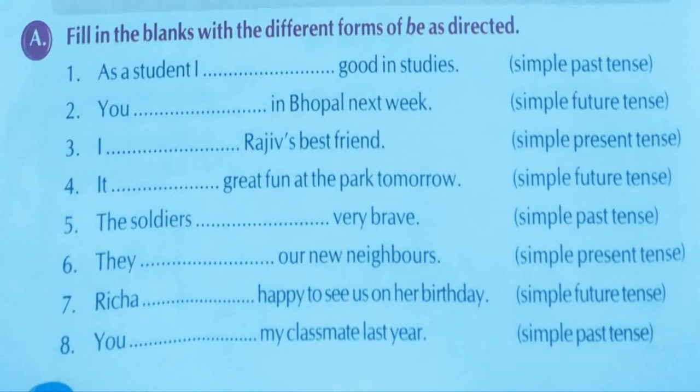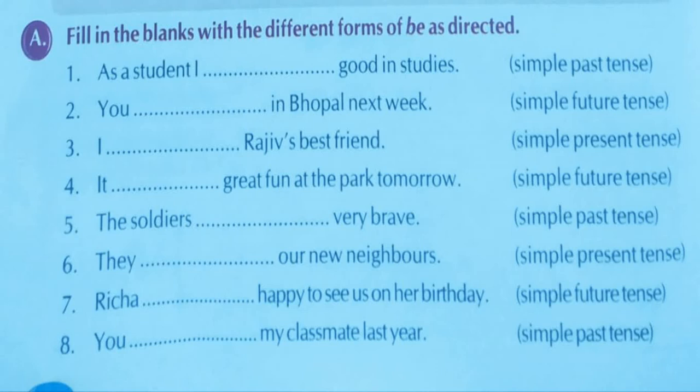What is the base form? Be. Be is the base form. It's already given here in the question. So you will be in Bhopal next week. Number 3, simple present tense. In simple present tense you need to use, so the subject is I. What will you write here? Am, isn't it? I am Rajiv's best friend.